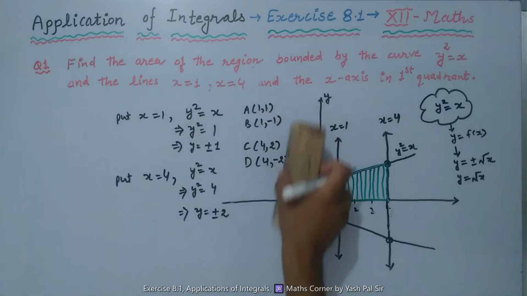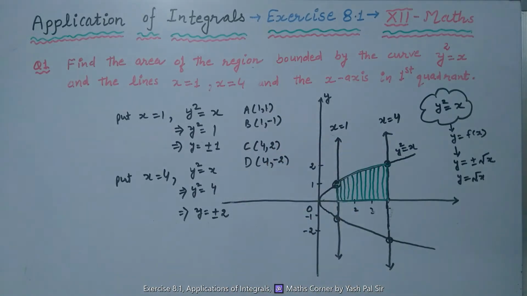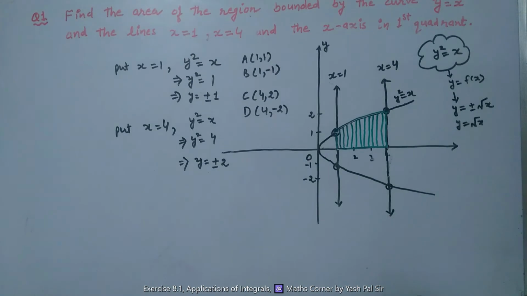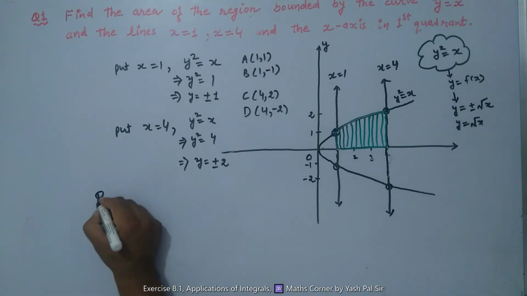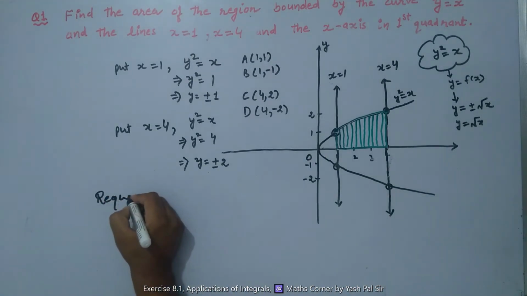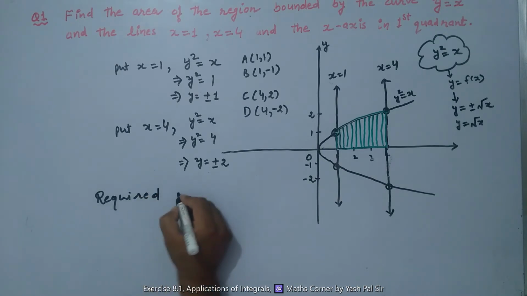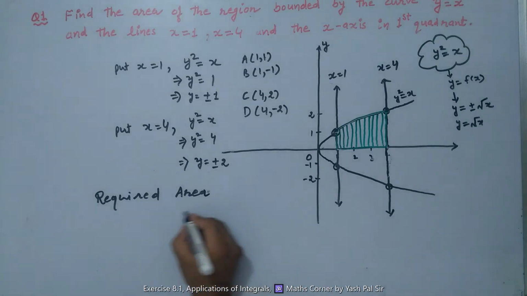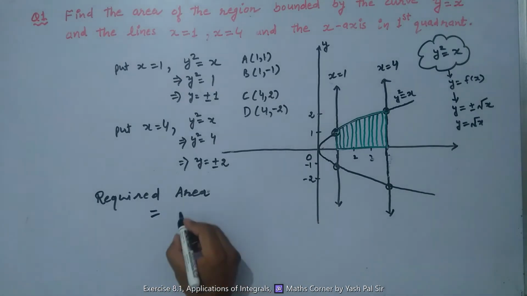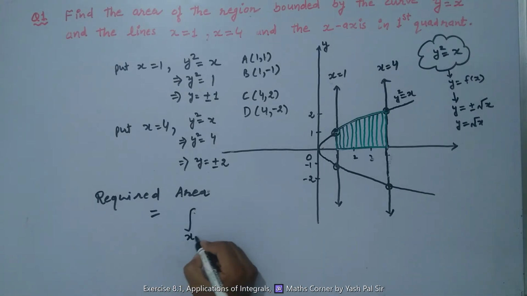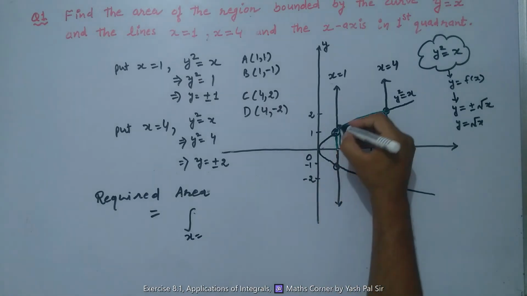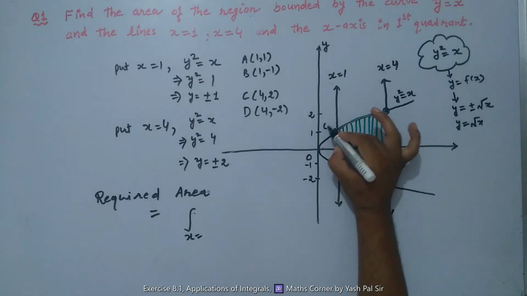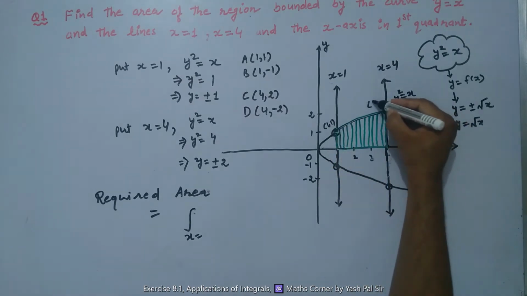So now area of the bounded region, required area is equal to, x is equal to this point is 1, 1 and this point is x is 4, y is 2.